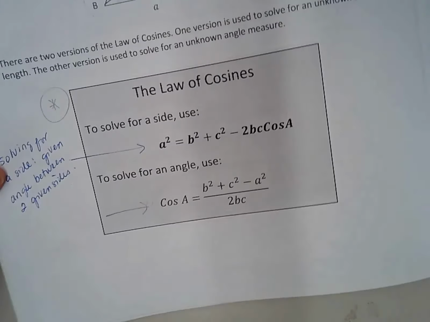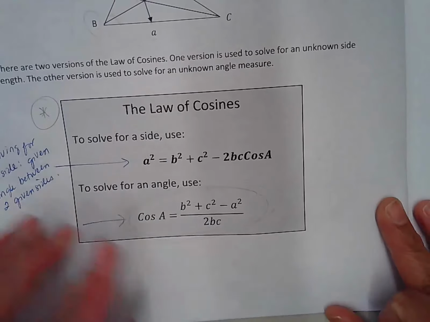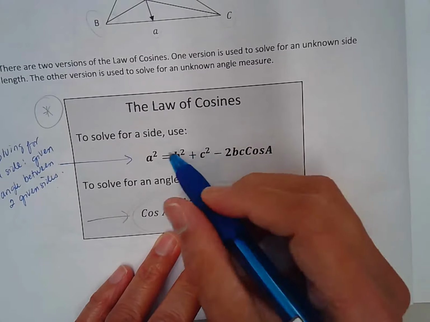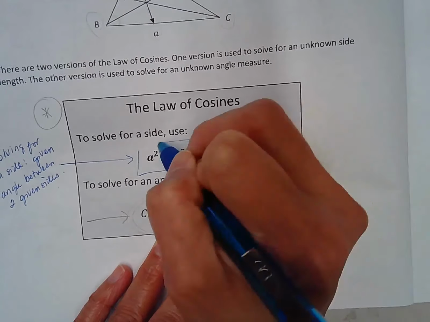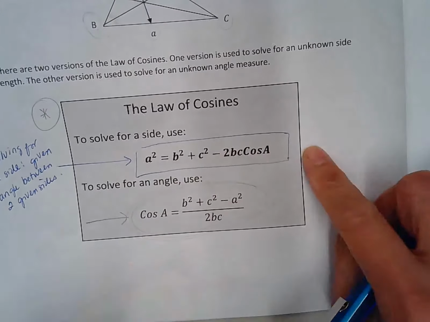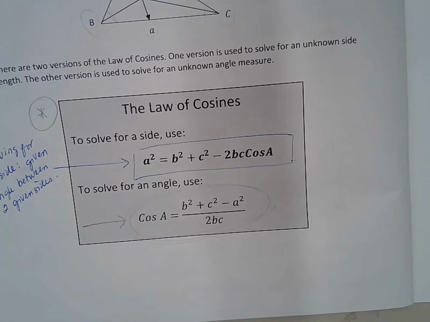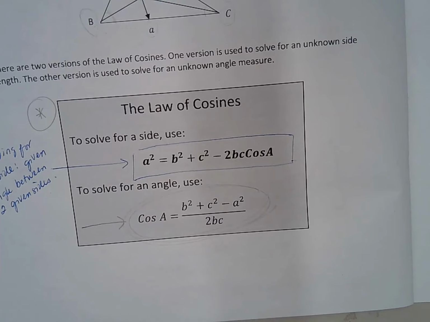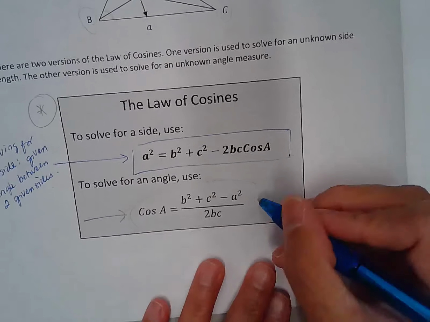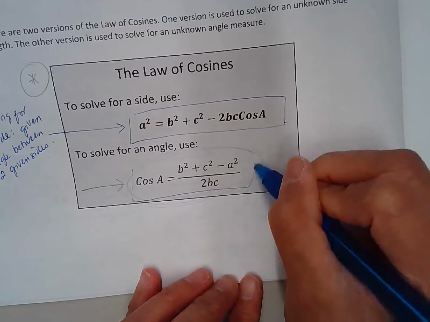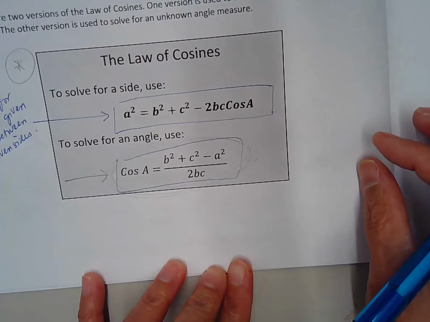So I'm going to go back in here. When to use the sine law: when you don't have a complete ratio and you have an angle that's sandwiched between two given sides. And in this one, when to use this? Any idea?